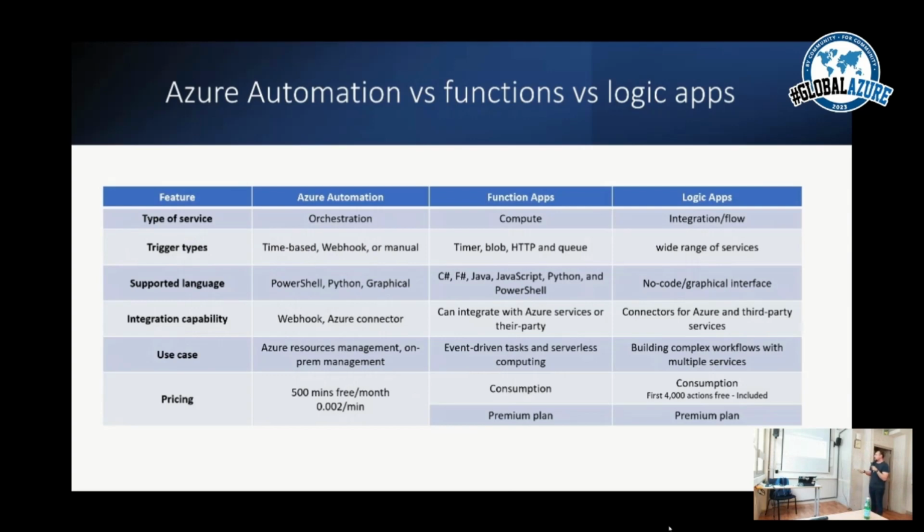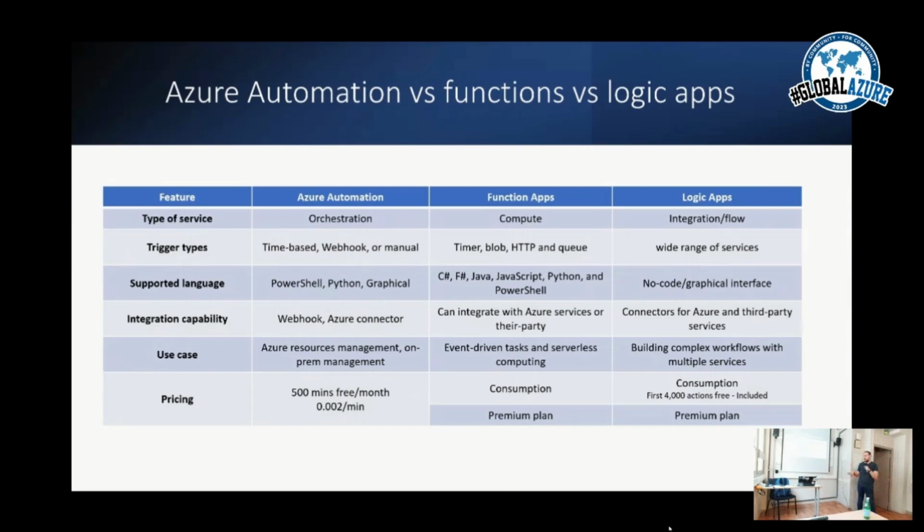The thing that I need to mention is the pricing. In Azure Automation, you have 500 minutes free per month. So if you have some solutions where you do not need a VM or an on-premise VM, let's say you have an automation that runs for 5 to 10 minutes, you can use this solution.